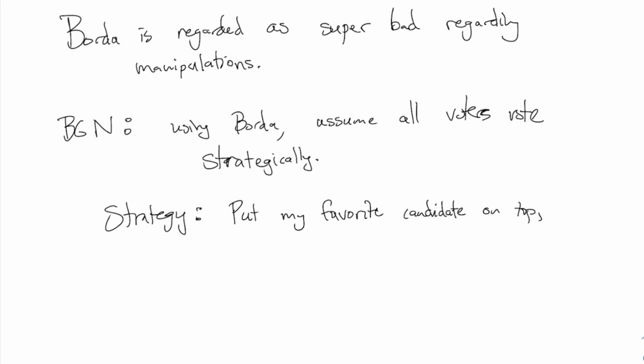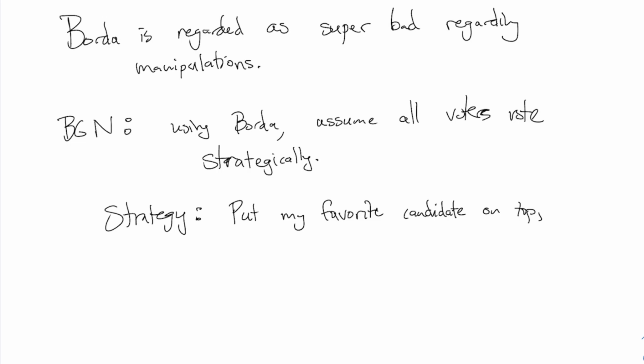And I put the biggest contender opponent on the bottom, even if they're not actually my worst choice. I want to dump them all the way to the bottom because I don't want to give them any points, because they're the biggest threat to my guy winning. This is the basic strategy with Borda. And if you give enough people enough time to think about it, everybody will realize this is what you should do in a Borda election.